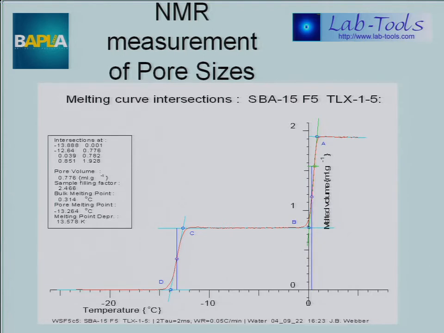You can see simple straight lines fitted to the data by just defining linear regions on the x-axis, and then it finds straight line fits, solves those equations to generate intersection points, calculates the median, all very straightforward, but it's a straightforward way of getting sample filling factor, bulk melting point, and melting point depression, which is a way of measuring pore sizes.